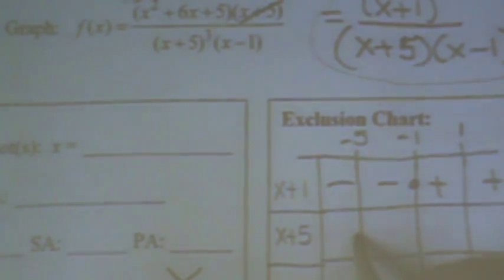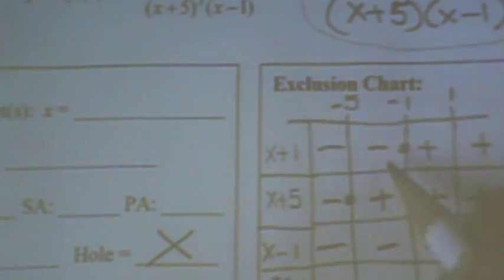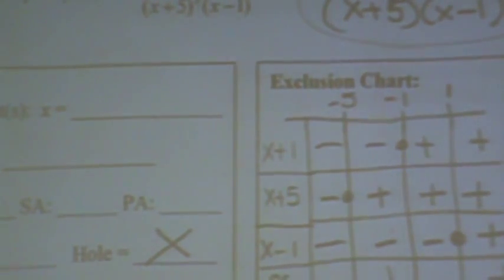At negative 5, negative to the left and positive to the right. At 1, these are negatives, and then positive. So we count. An odd number of negatives means negative. Even, positive. Negative, positive. Any questions on this exclusion chart?